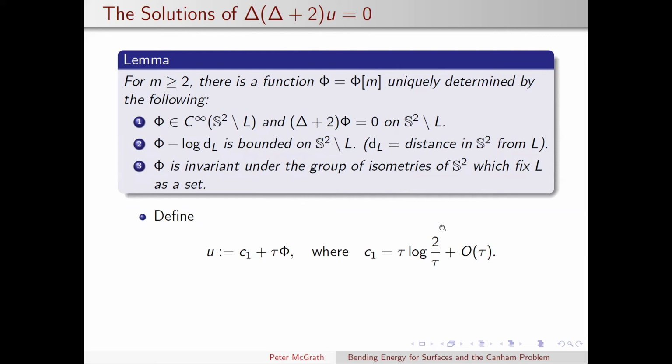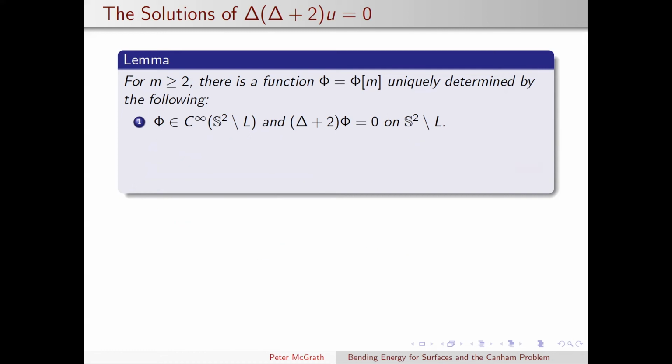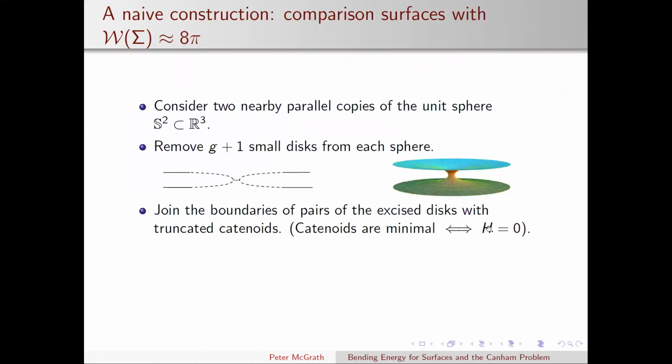So this constant is going to be related to this number tau, and this number tau is basically going to be dictating the size of the catenoidal bridges that I put. So each of these catenoids has a size, and that size I say to be the radius of the smallest waist circle on the catenoid. So let's go back to that picture again.